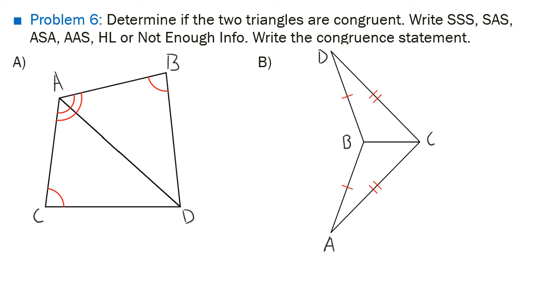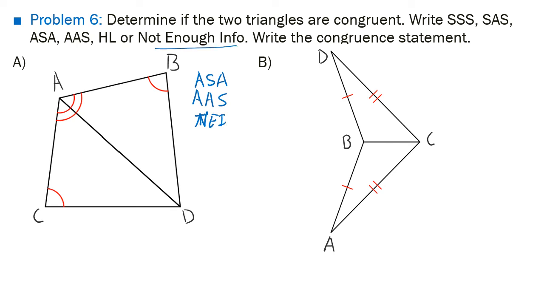All right, our next one. So we have two angles marked, and they don't have anything else labeled. Since there's two angles marked, our options are essentially angle, side, angle, or angle, angle, side, because they are the two that have two angles in it. Or it could be not enough info.